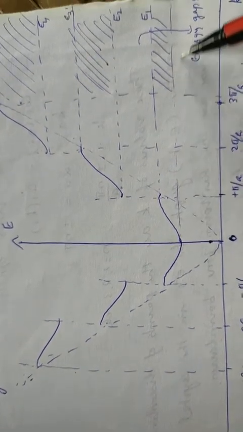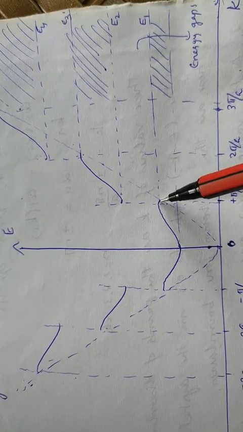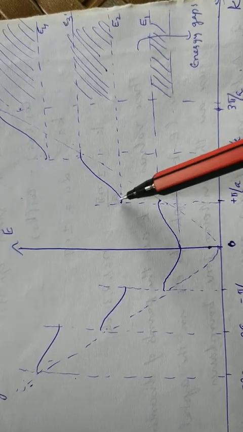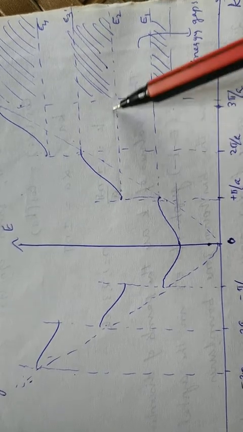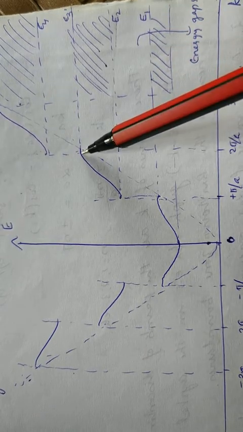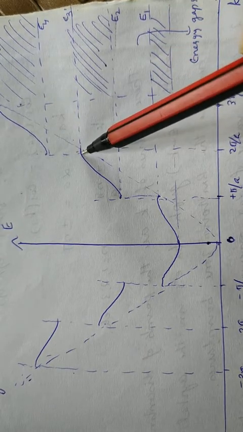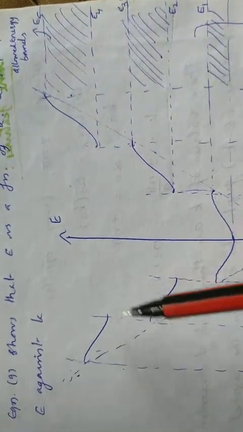These are allowed energy values. These are forbidden. At plus pi by a, these are a forbidden region, so an energy gap, and another energy gap occurs at plus 2 pi by a, plus 3 pi by a, etc. So this graph can be drawn like this.